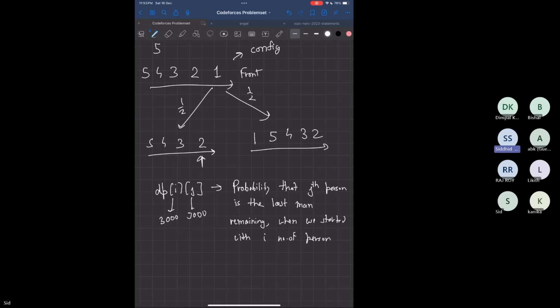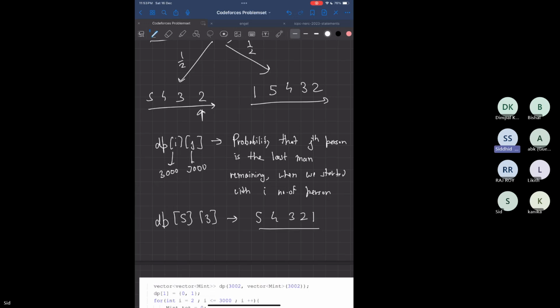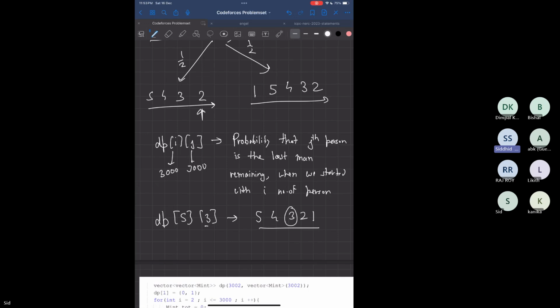What does it mean? Suppose DP[5][3]. Our initial configuration will look something like this: 5, 4, 3, 2, 1. This will be our initial configuration, and this state will tell us that this person is the last man remaining.